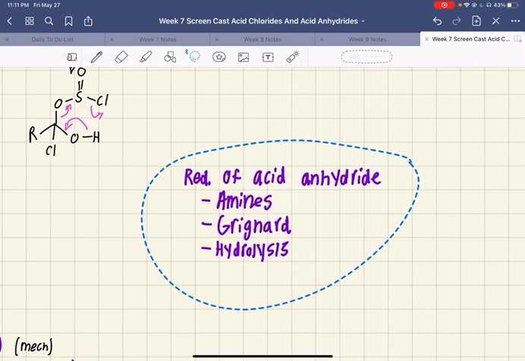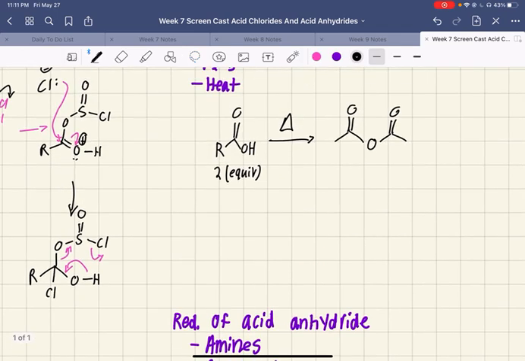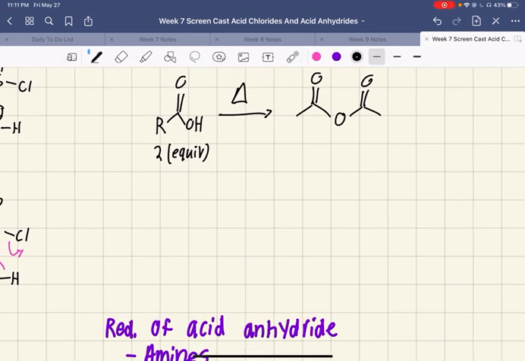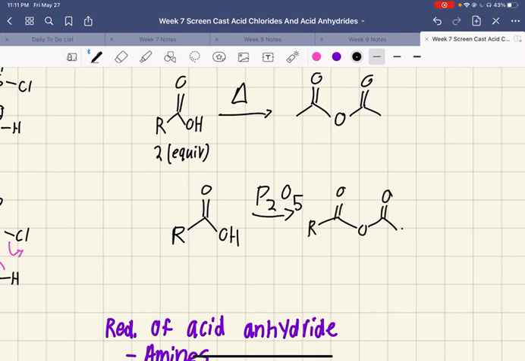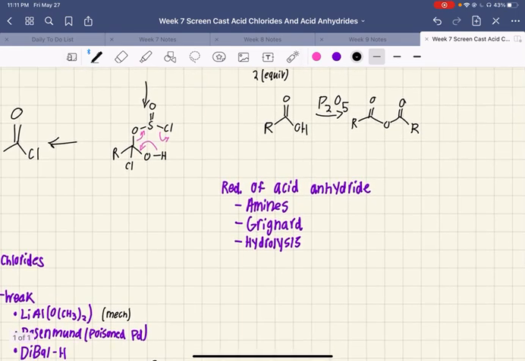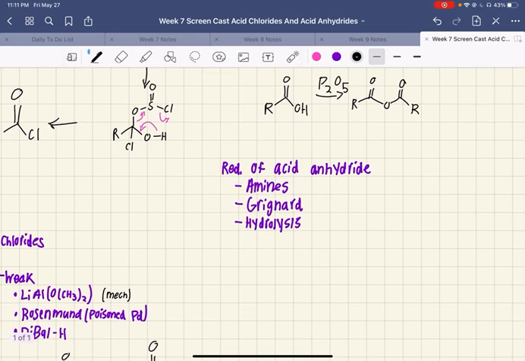The second is a reagent. Here we'll take an acid, and this reagent is P2O5. And this acid anhydride will be the product. So those are both syntheses of acid anhydrides.